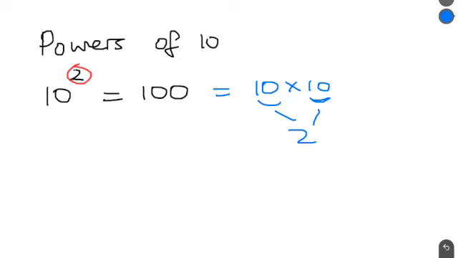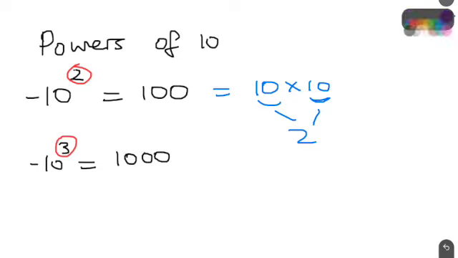Okay, if we look at another example, we see 10 to the power of 3. The exponent, which in this case is a 3, would match the number of zeros that we see in our product or answer. So since the exponent is 3, the answer would have 3 zeros.